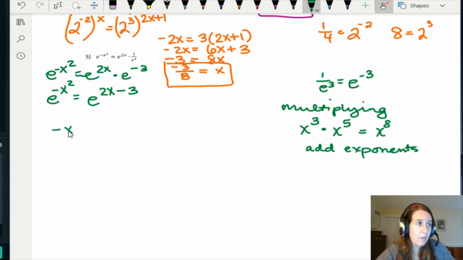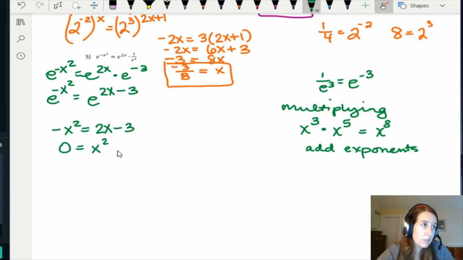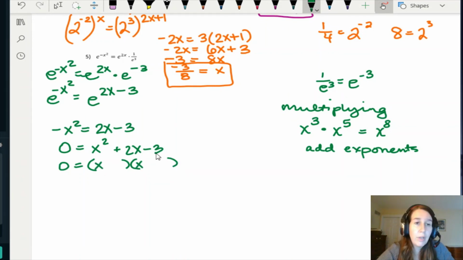So negative x squared equals 2x minus 3. Okay, so to solve this, this is a quadratic. So let's add the x squared to the other side. So x squared plus 2x minus 3. And then let's see if we can factor, because I sure don't want to use the quadratic formula after all this work, right? All right, so this is x and x. Let's see, 3, negative 3.